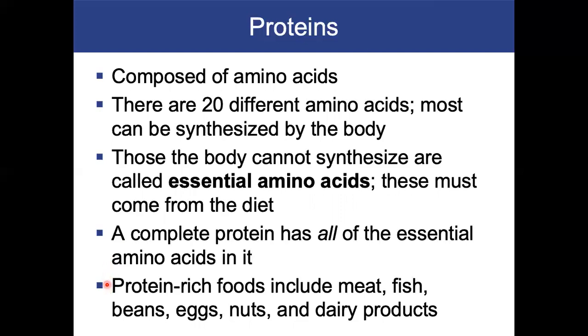A lot of times indigenous cultures knew which food sources to stick together to make a complete protein. For example, when we think of beans, what do we think of eating with it? Rice, right? So that would be a complete protein. Or squash and corn and beans, that's a complete protein as well.